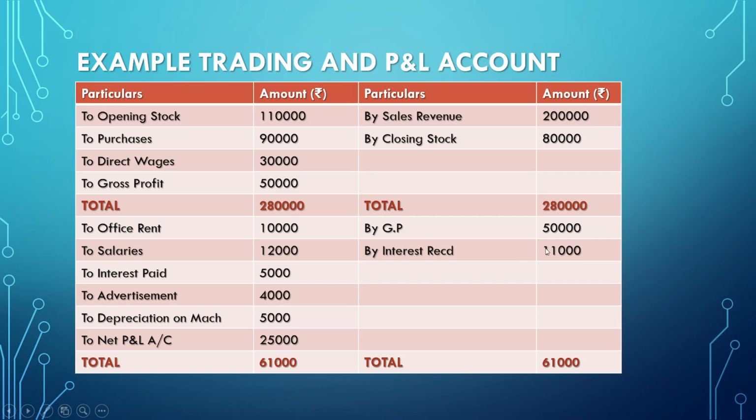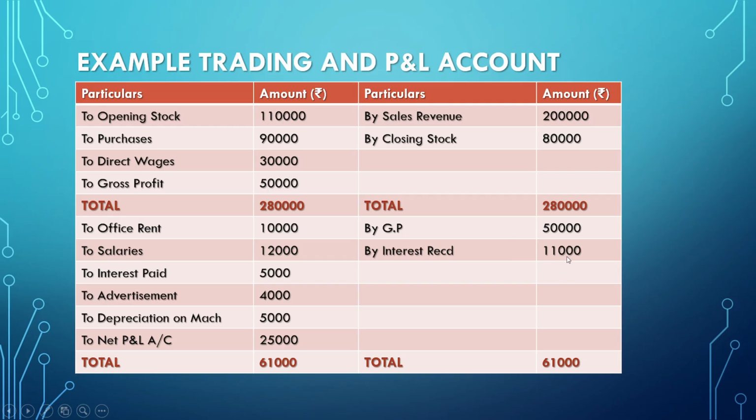And on the right side, apart from gross profit, if they have received any other income not related to their business, that is indirect income, not for purchases, not for sales, not for the factory, but any other interest or income received is basically taken here.